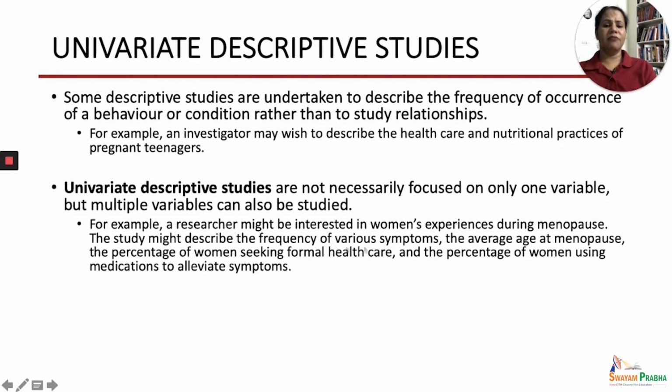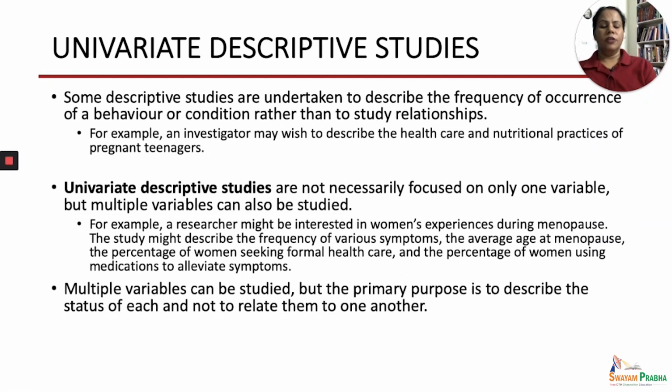But each and every variable is described individually rather than showing the relationship between these variables. So this is a typical univariate descriptive research study. Multiple variables can be studied, but the primary purpose is to describe the status of each and not to relate them to one another. I have already explained this particular point.